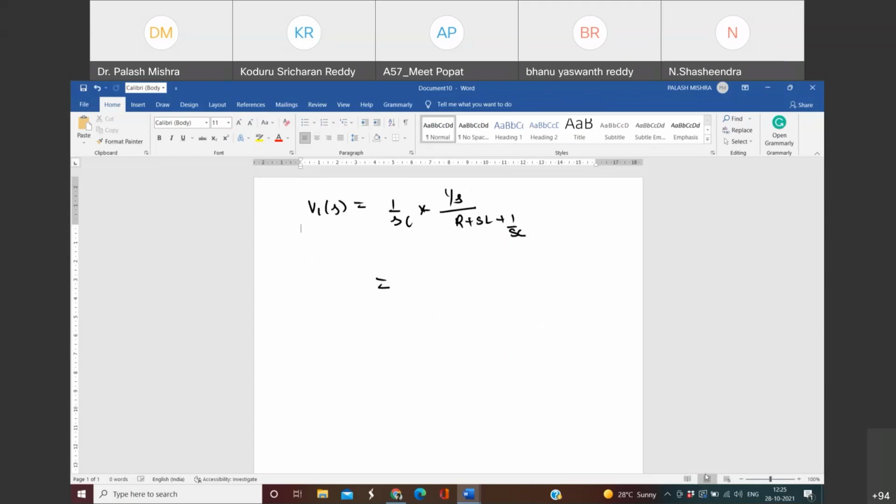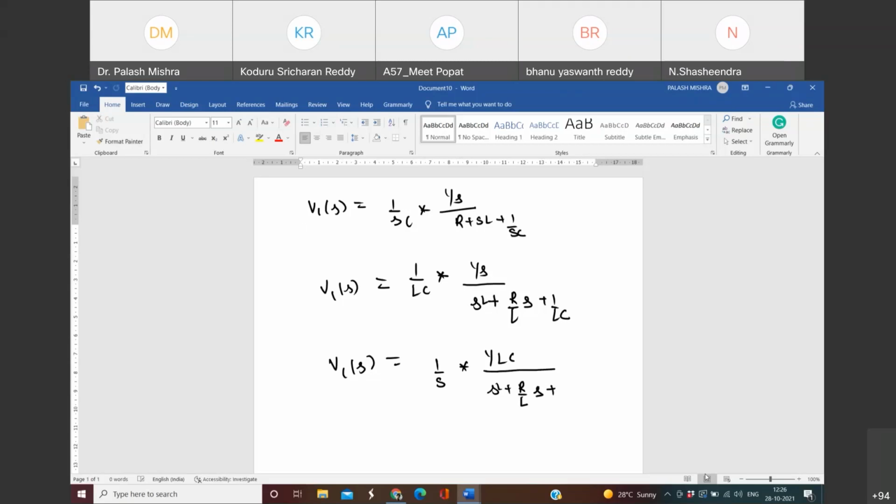Now if you simplify this, it will come out to be 1 by LC multiplied by 1 by S multiplied by 1 over S square plus R by L times S plus 1 by LC. So VC(s) is 1 by S multiplied by 1 by LC divided by S square plus R by L times S plus 1 by LC.